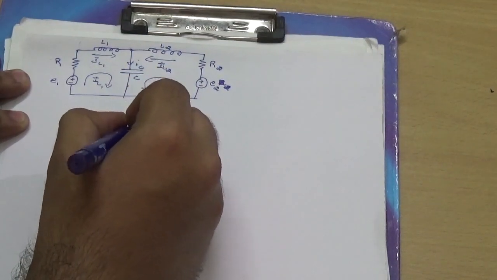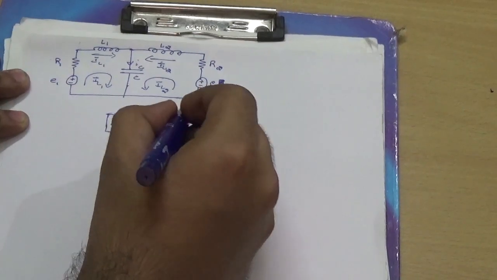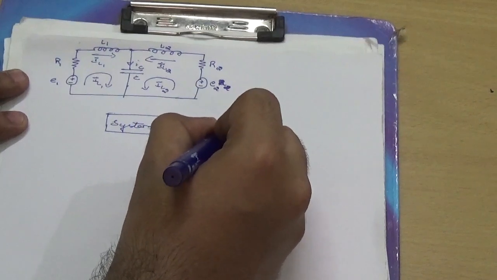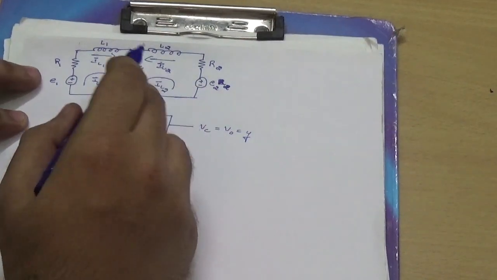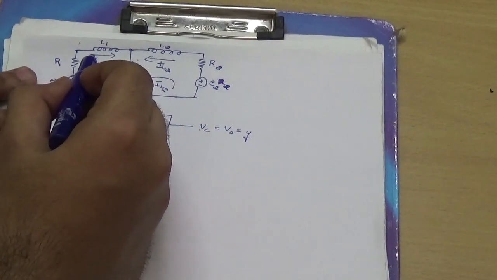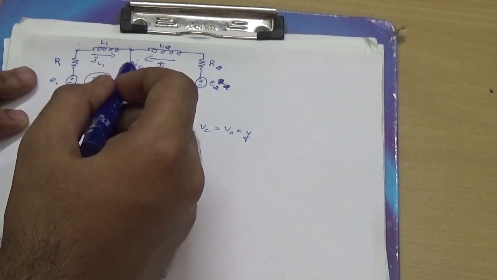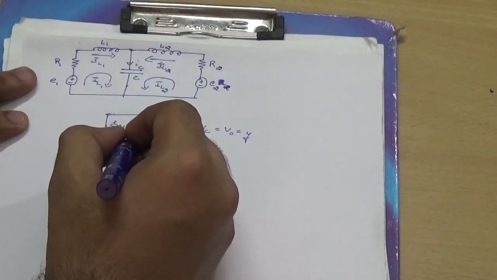So this represents the system. The system has got Vc as the output, which is V0. I can equate it to Y. Now here I observe that there are three state variables. The reason is the current through the inductor L1, current through the inductor L2, and also the voltage across the capacitor C will be the state variables.